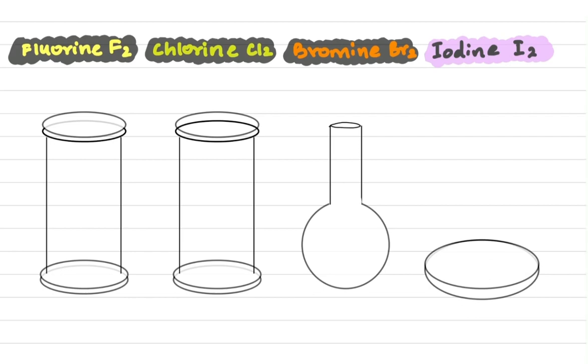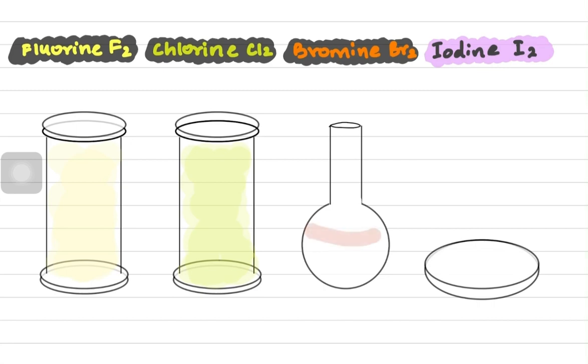Fluorine is a pale yellow gas, which means the particles are irregularly arranged and they are constantly moving in random directions. Chlorine is also a gas, which means the diatomic molecules of chlorine again have no regular arrangement and are gaseous in nature.